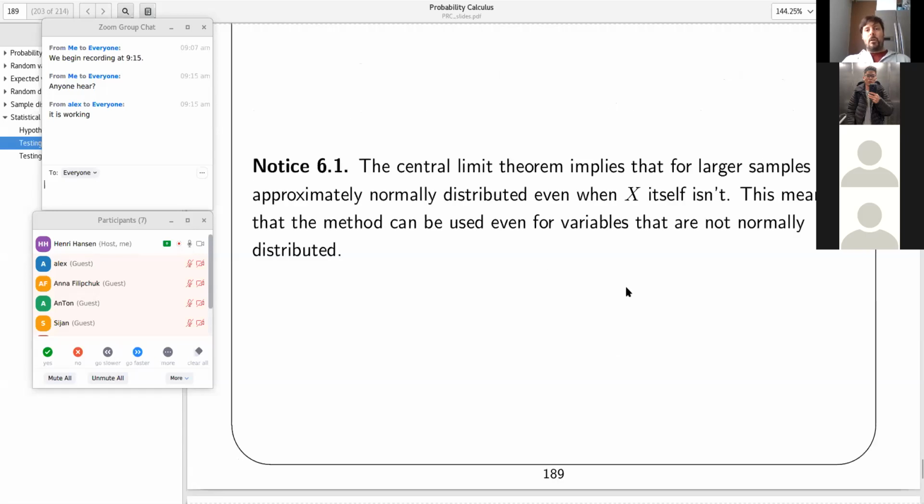The central limit theorem implies that for larger samples, this sample mean is approximately normally distributed itself, even though x is not. So this method can be used if the variables are not normally distributed, as long as the sample size is very large and there are no pathological distributions, the ones that don't have an expected value, for example.